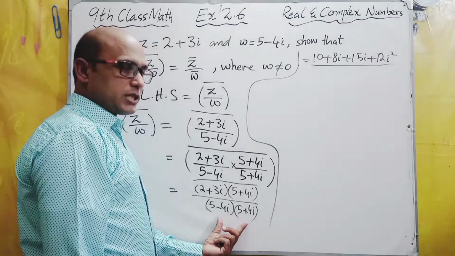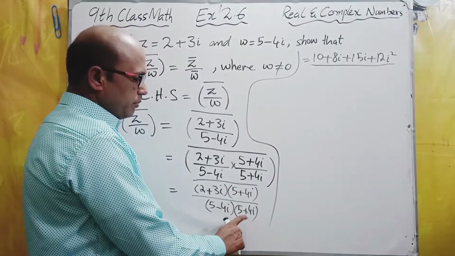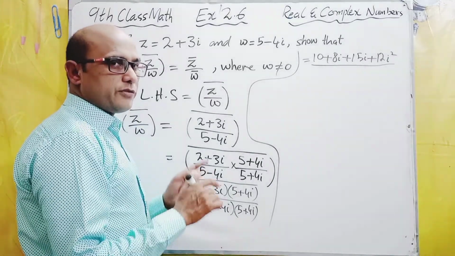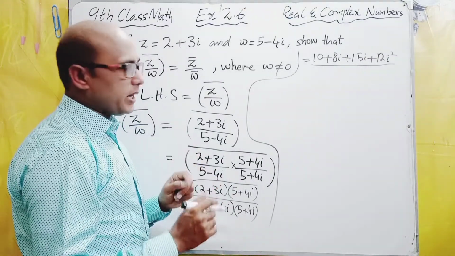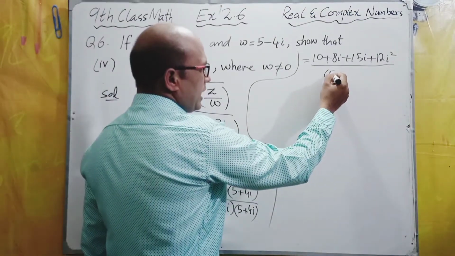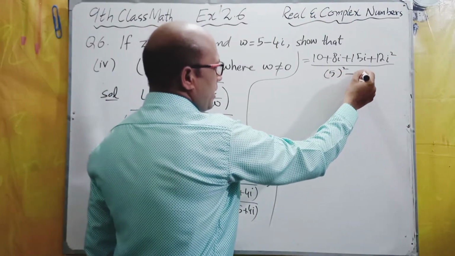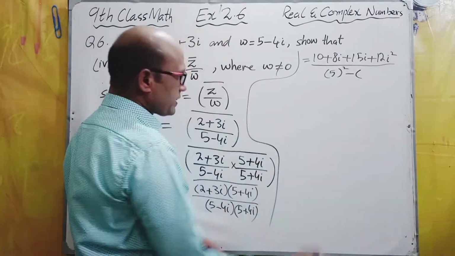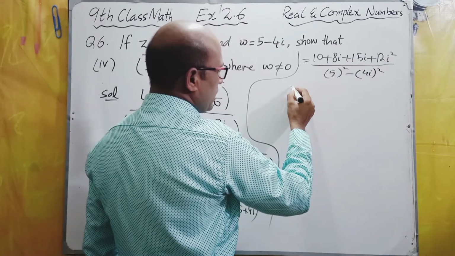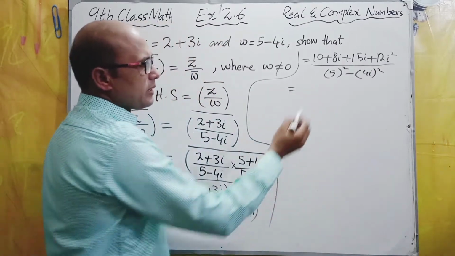Now look at these two, they are the same but with different signs, so we'll apply the formula (a plus b) into (a minus b). According to that formula, it is the square of the first term minus the square of the second term. You know that formula very well.